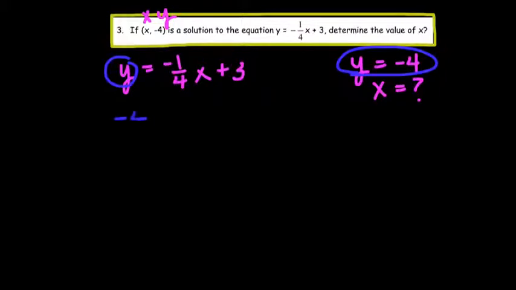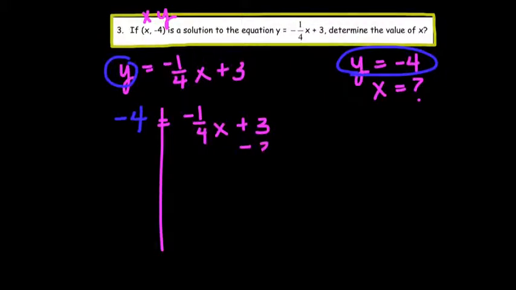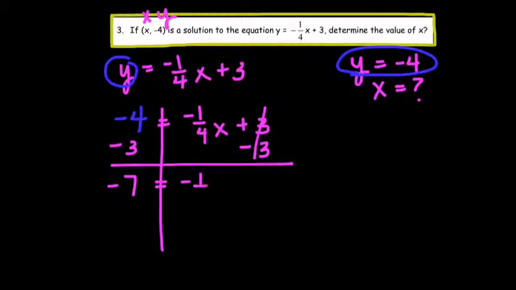So I'm going to say negative 4 is equal to negative 1/4 x plus 3. And again, because I'm solving for that x value, I'm going to start by moving everything away, beginning with that 3. So 3 minus 3 cancels. Negative 4 minus 3 is a negative 7. And then we have negative 7 equals negative 1/4 x.